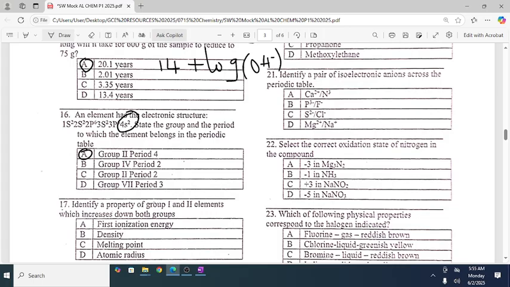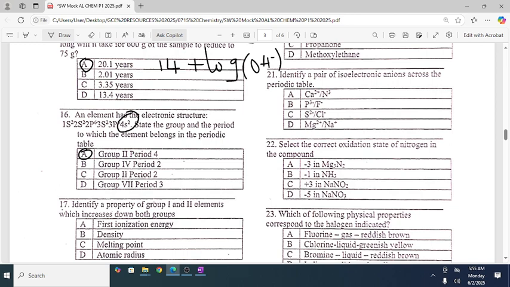Now phosphorus is 15 and it is in group, I've forgotten the group of phosphorus. Let me see: fluorine is group 7. Neon is group 8. Magnesium is group 2.